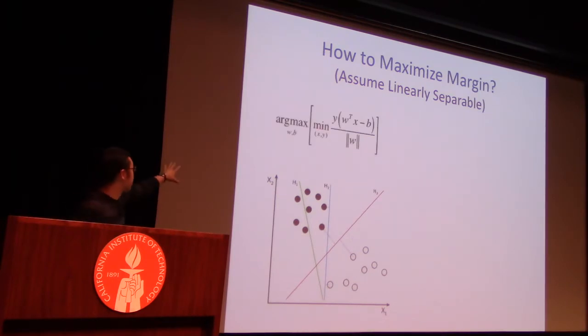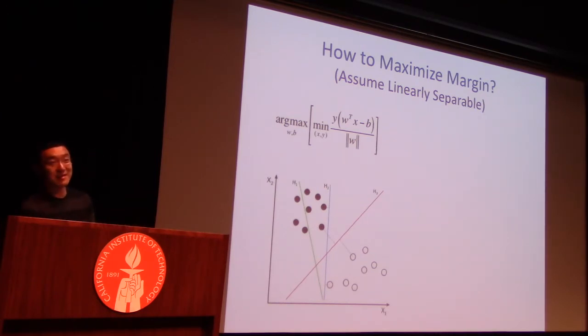Okay, so this is again the optimization problem that we had before. One thing that's tricky about this optimization problem is that W, which is a parameter we want to optimize, appears in both the numerator and the denominator. So it's actually, in some sense, an ill-posed problem.